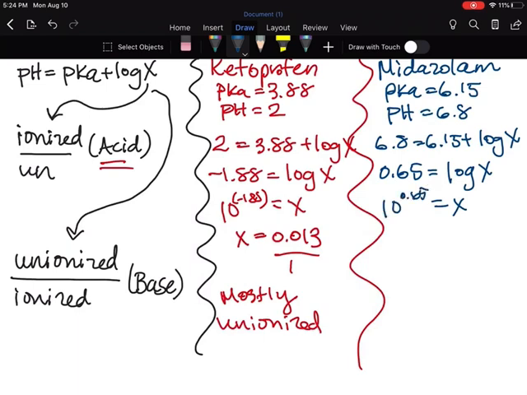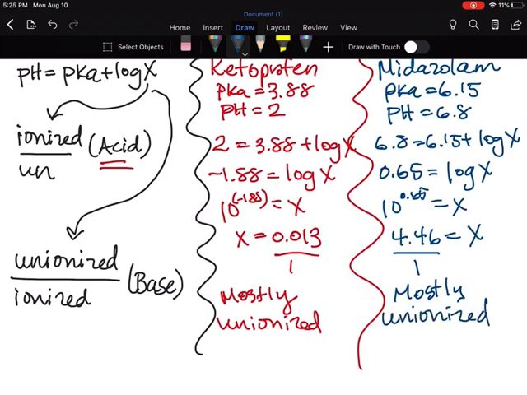And that's going to translate to 4.46. Remember, that's also over 1. So once again, the unionized form is bigger than the ionized form. This is also mostly unionized. And so that tells us that the absorption for buccal administration for midazolam should be good.